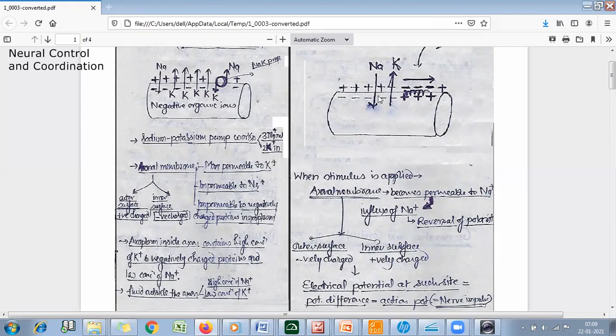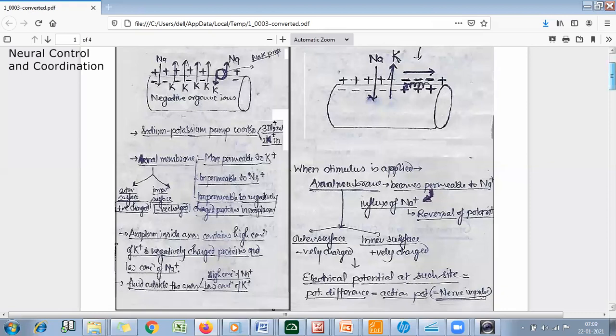As we know, the potassium goes outside. So this situation creates the reversal of polarization state.